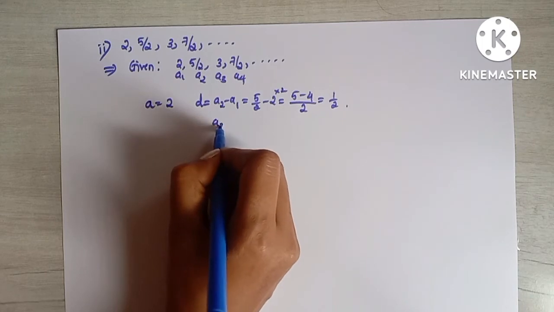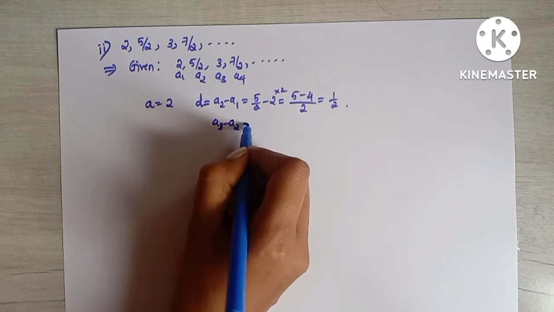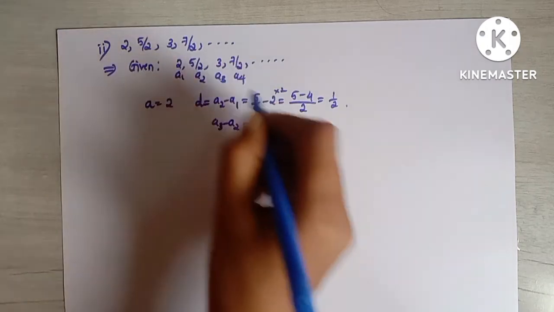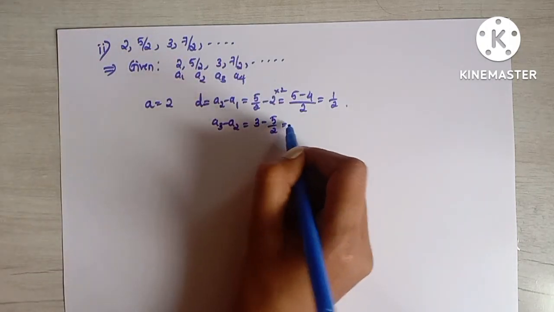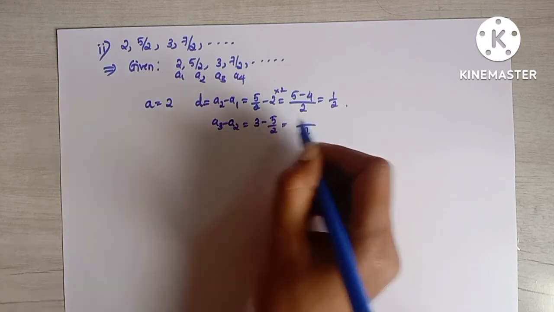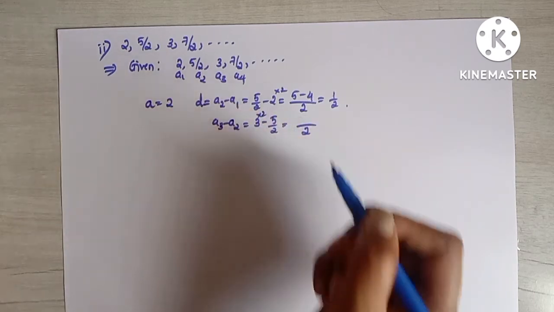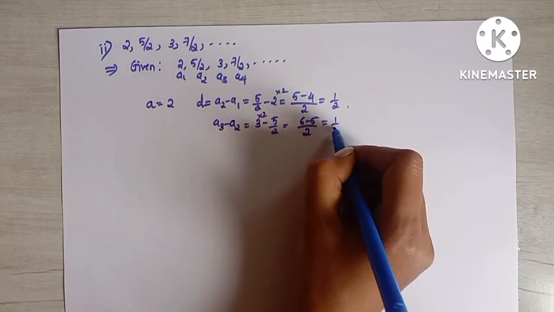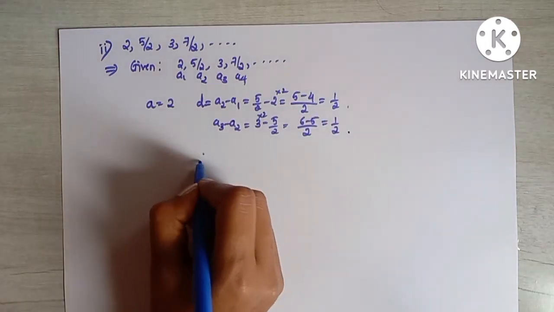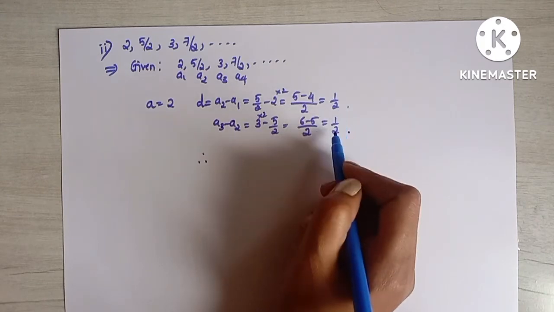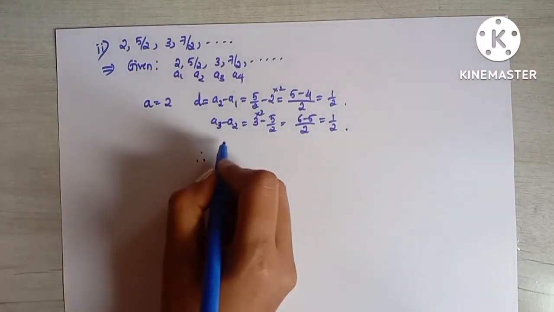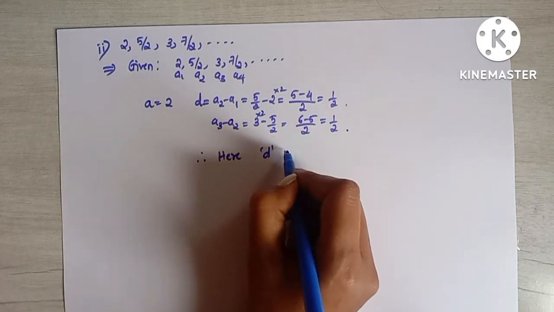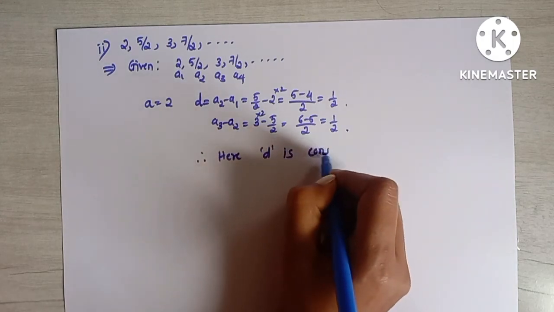Next, A3 minus A2. What is A3 here? It is 3. Next, what is A2? That is 5 by 2. Here also the LCM is 2. Therefore, it is multiplied by 2: 3 twos are 6 minus 5, so this is 1 by 2. Is the D value the same here? Yes, it is the same. Therefore, here D is constant.